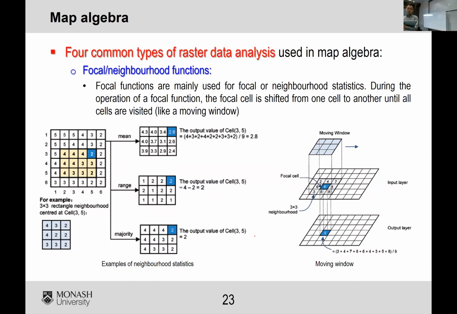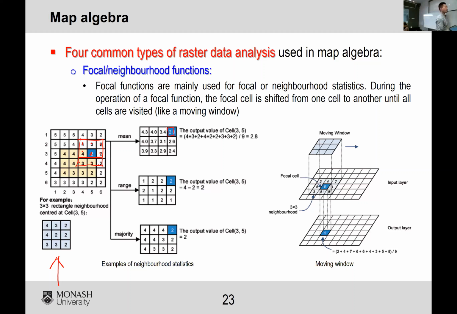And very quickly, how this focal or neighborhood function works. So basically, if you have a rectangle neighborhood here, you want to do a moving window operation. So this is what the program does in the background. So if we want to find the mean value of this cell here, I use a rectangle area here and find the mean value of all these cell values and assign the mean value to this cell.